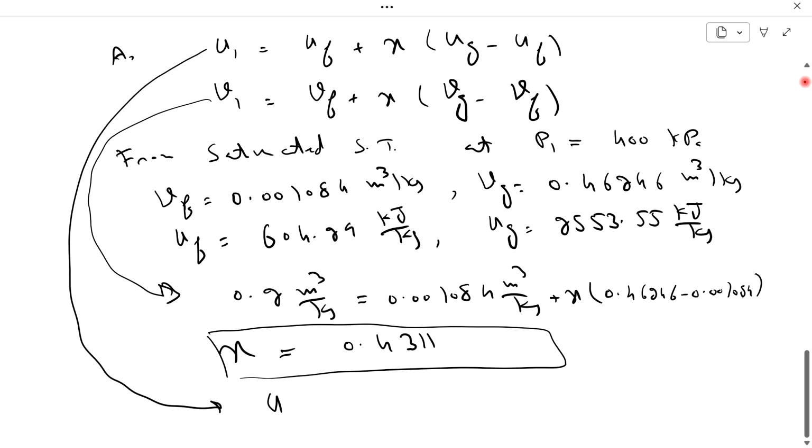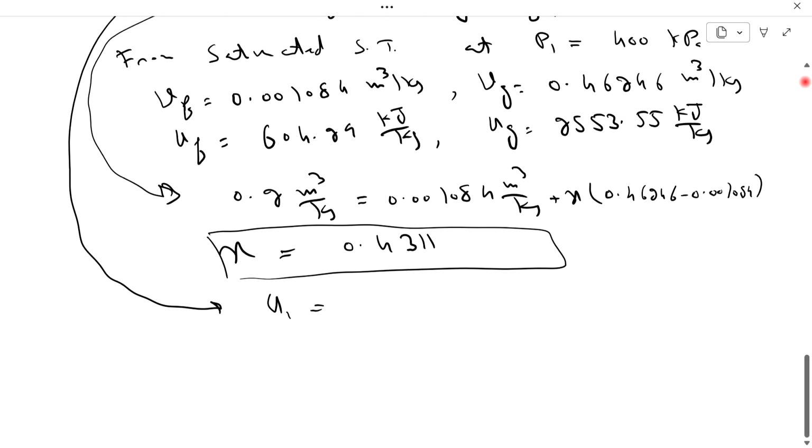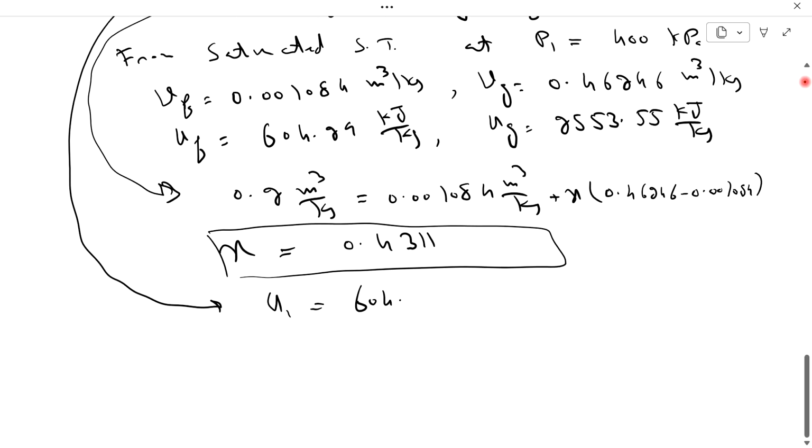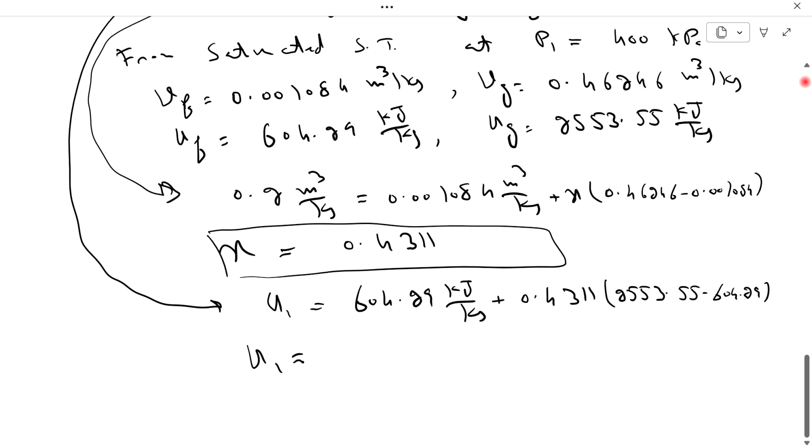U1 is equal to Uf, 604.29 kilojoule per kg, plus x equal to 0.4311 times Ug minus Uf, 2553.55 minus 604.29 kilojoule per kg. So U1 is equal to 1444.61 kilojoule per kg. This is a simple calculation, you can do it yourself.